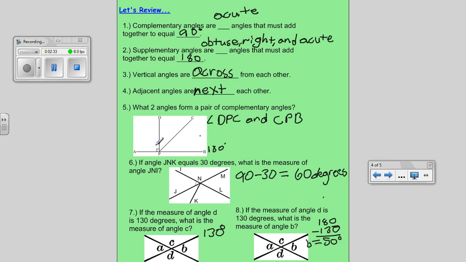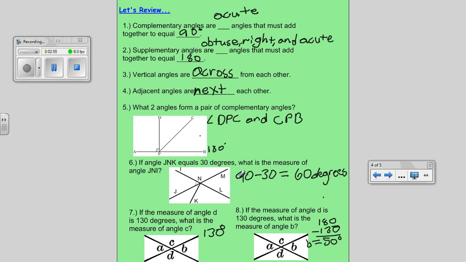So that means that this side is 90, this side is 90. So these two angles here are going to be 90 degrees, so they're going to be complementary. So we got angle DPC and CPB. The one in the middle is where the angle is made, and that's what you use, putting the P in the middle of both of them.